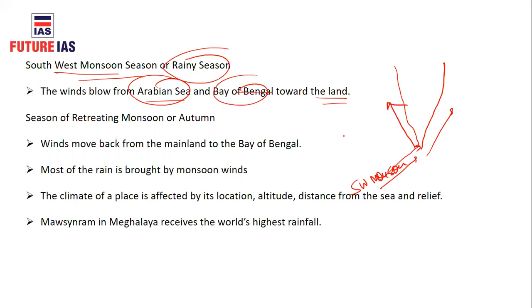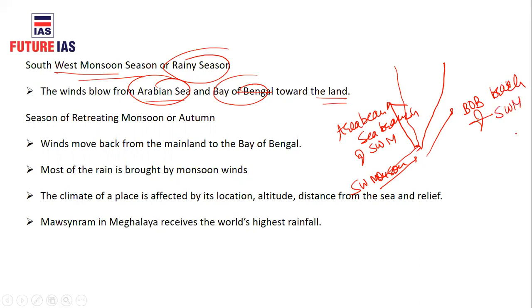One branch is called the Arabian Sea branch of southwest monsoon, and this branch is called the Bay of Bengal branch of southwest monsoon. All right. So these two branches basically move, and they somehow manage to enter into the Indian landmass.